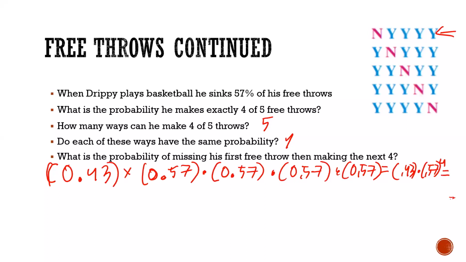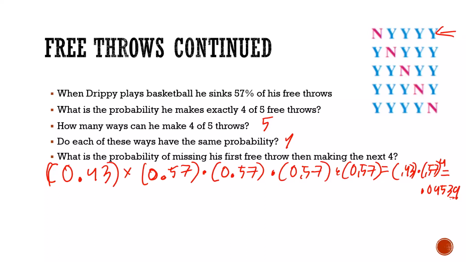If you do that, you get a number that's roughly around 4.5%. So is that the answer to the probability that he will make exactly 4 out of 5 shots? It is not. This is the probability that he will miss his first free throw and make the next 4. But is that the only way to make 4 out of 5 free throws?